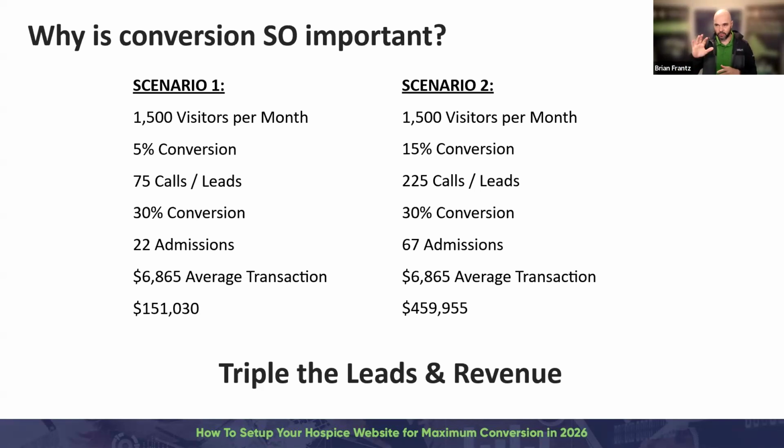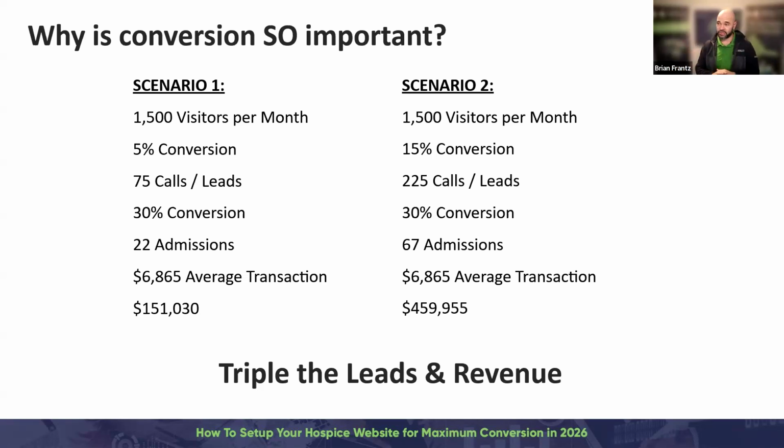Okay. 1,500 visitors, if we convert 5% of those, right? That's 75 calls or leads. And then if you are able to convert 30% of those leads, right, you would have 22 admissions from those 1,500 visitors a month. Okay, with the average transaction value, I know this varies, but say it's $6,000. You're looking at a return at the end of the month of 151,000.